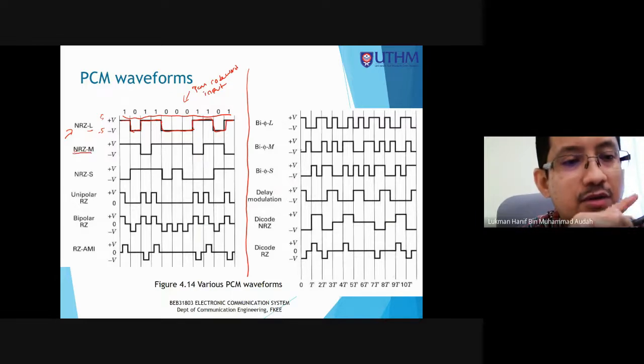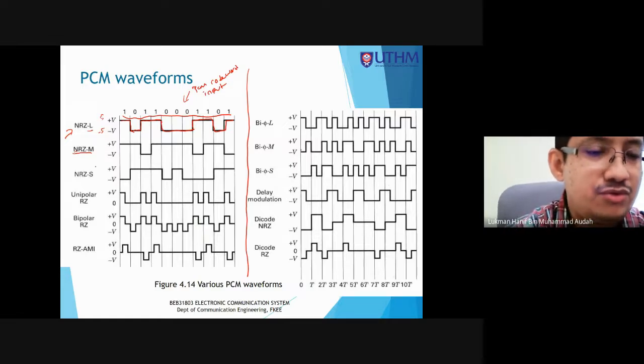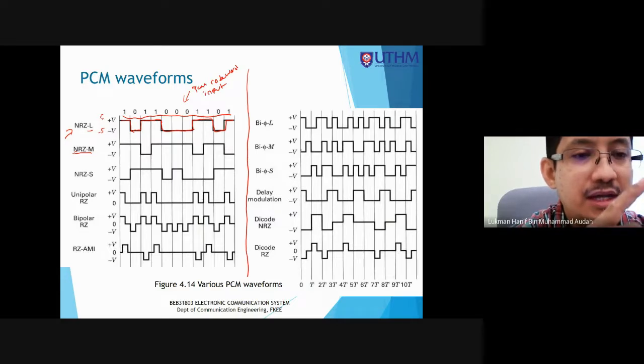Okay, M for mark. So kalau you lihat di sini, non-return to zero M ada perbezaan dari segi macam mana dia bertukar polarity. Okay, kalau dilihat non-return to zero mark, dia akan alternate setiap kali bertemu dengan logic 1.